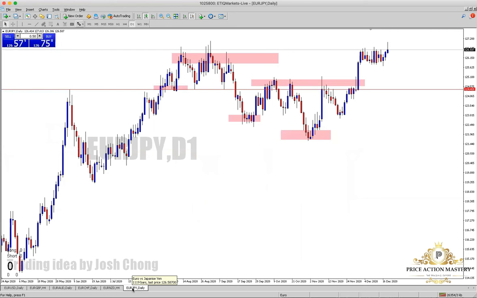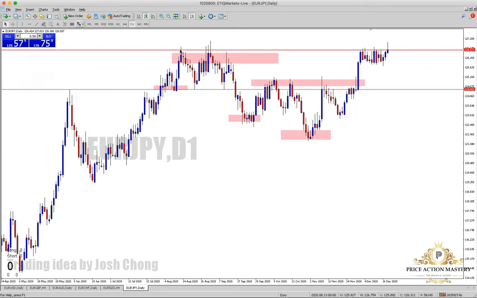Okay, so let's look into Euro Yen, as what we have talked about just now, the GBP Yen. One thing that I can see is that currently Euro Yen hasn't shown any seller sign yet, but it just shows that it has reached a very strong level where buyers mostly look like they are losing their strength.